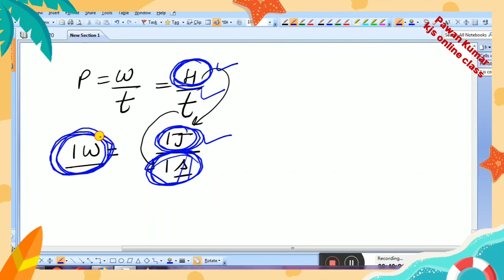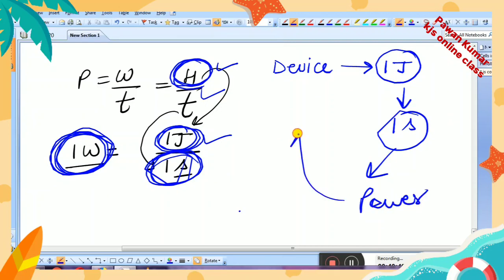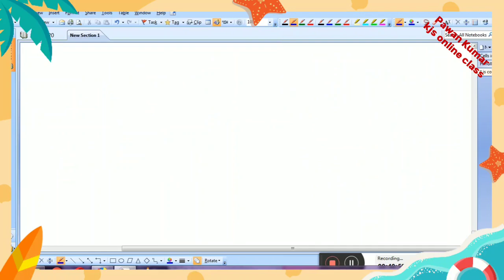Now listen again in a better way. Suppose there is a device. It consumes 1 joule of energy in 1 second. Then the power of that device will be 1 watt. Simple definition.